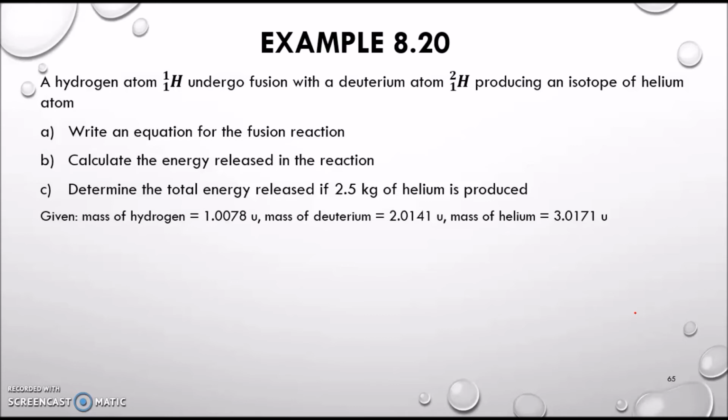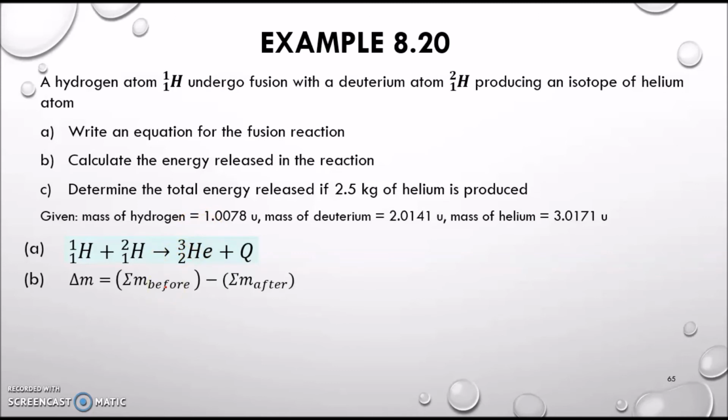So for the equation, it will be hydrogen plus deuterium, it will produce an isotope of helium. Okay, so it will be balanced. For the energy release, let's find the delta m, the mass defect. The summation of mass before, which is hydrogen plus deuterium, minus the summation of mass after, which is the isotope of helium, helium-3.